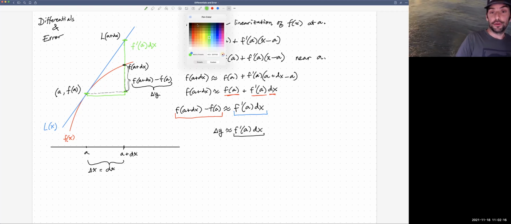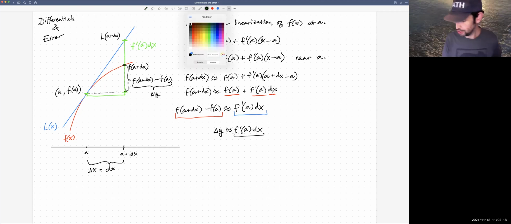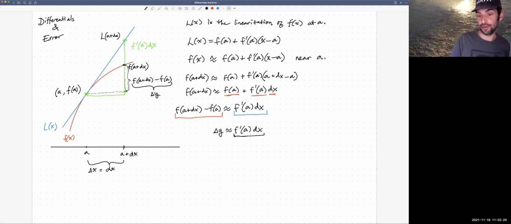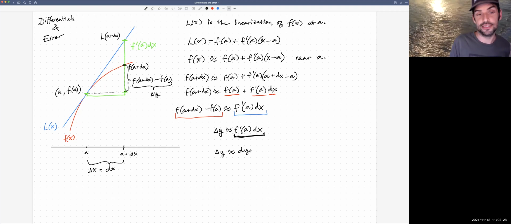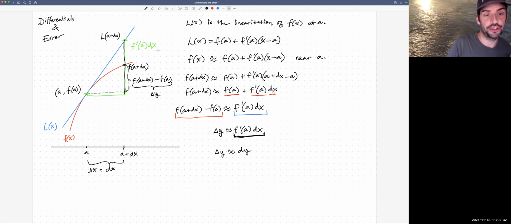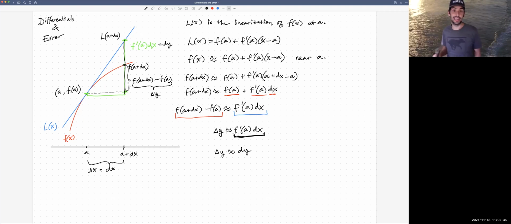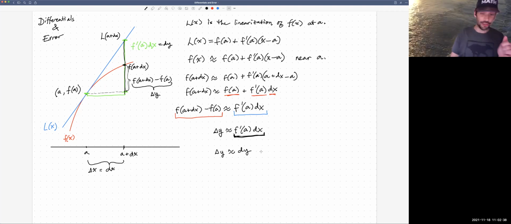So let's add one more piece of notation to this. We give this expression here a symbol, and that symbol is dy. So this big green change here that I've now overlaid with black, we call dy, right? So we have a difference between delta y and dy.